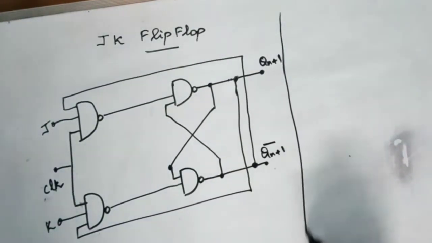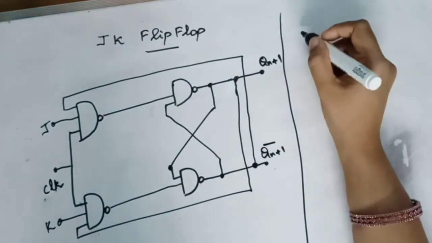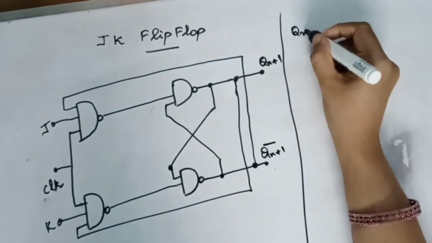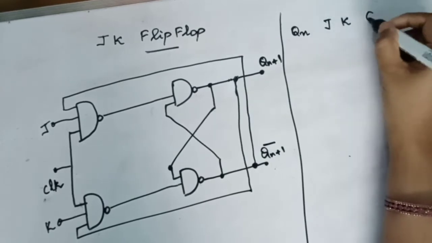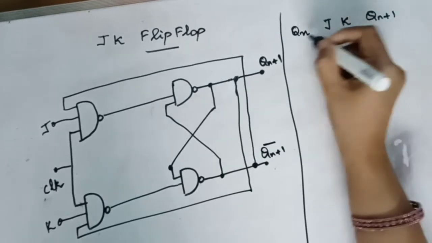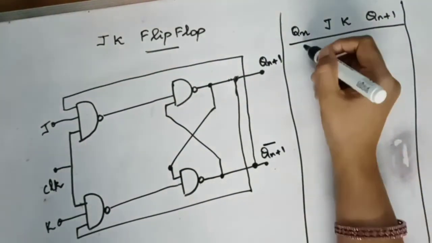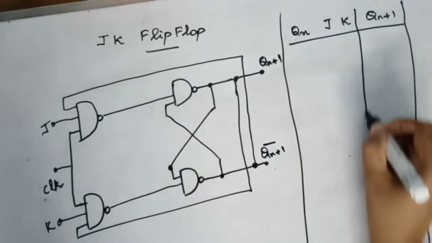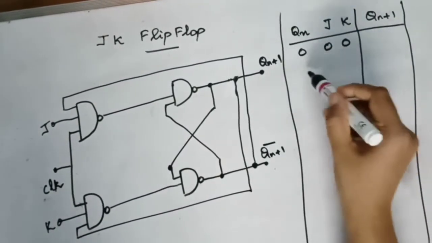Again, what you need is the truth table or the characteristic table, and in that we will again consider Qn, J, K and Qn plus 1. This will be all the 8 states.